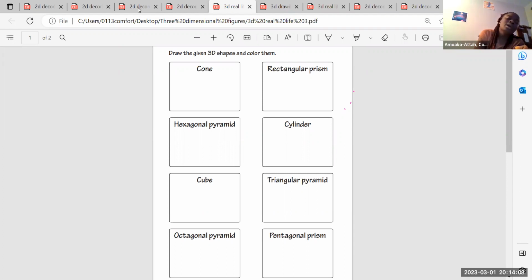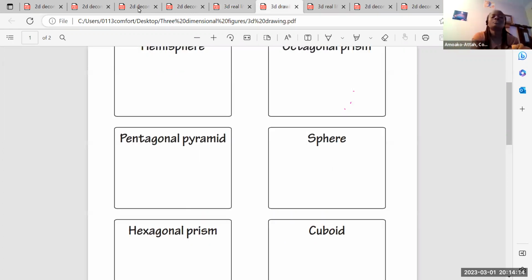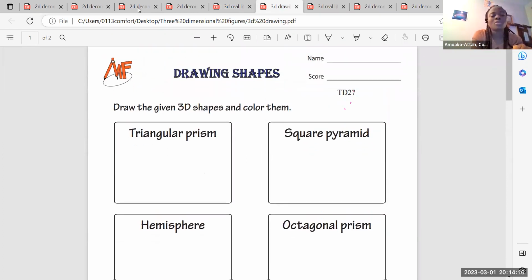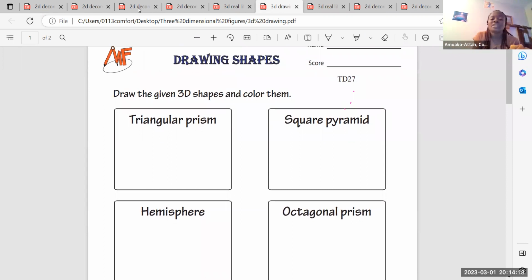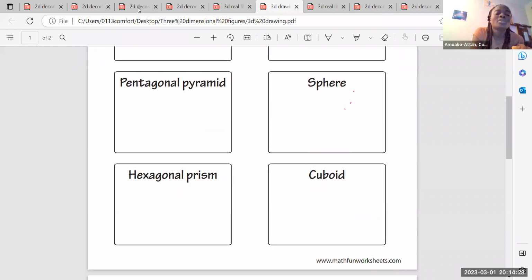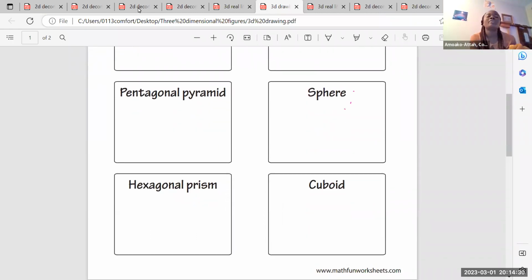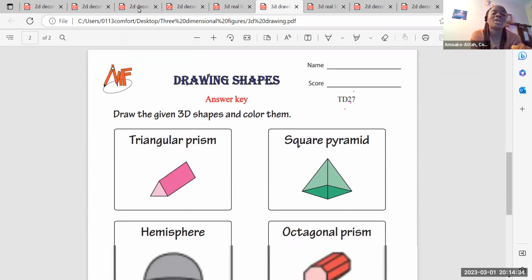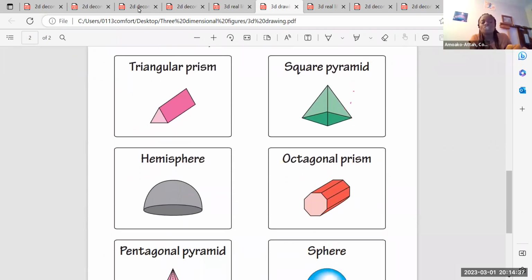So octagonal having 8 sides, pentagonal having 5 sides, all right? Okay, so the same thing, similar to what we just did. We have the triangular prism, the square pyramid, the hemisphere, the octagonal prism, the pentagonal pyramid, the sphere, the hexagonal prism, and the cube, and I have everything in here for you.